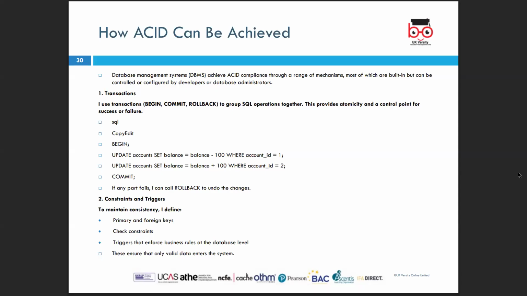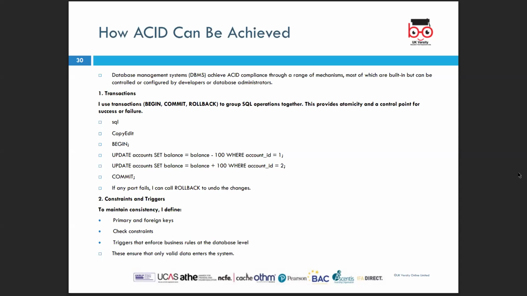When it comes to transactions, we use transactions, which go with begin, commit, and rollback to group SQL operations together. This provides atomicity and the control point for success or failure.